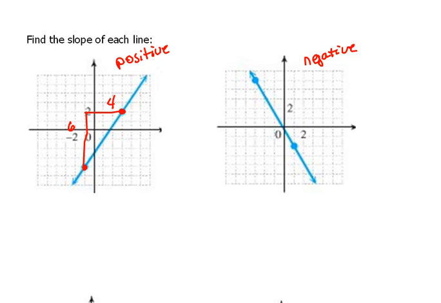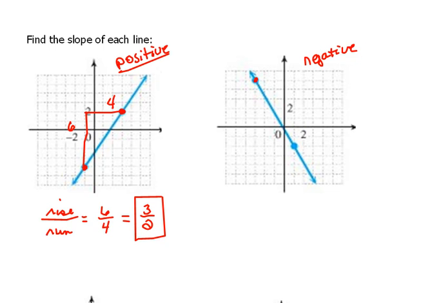So that is, remember, slope is rise over run. So rise over run would be 6 over 4. Now we should always simplify no matter what. So 2 will go into the numerator and the denominator. So that slope is actually 3/2. Now notice that is a positive number, which is exactly what we said it should be.